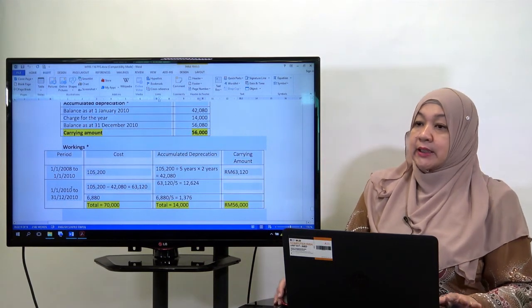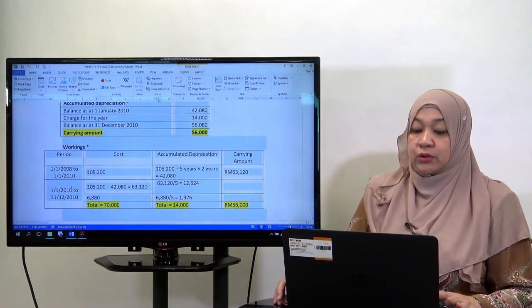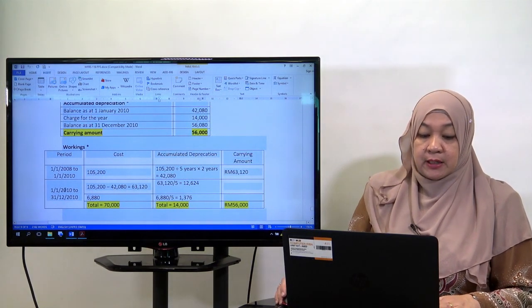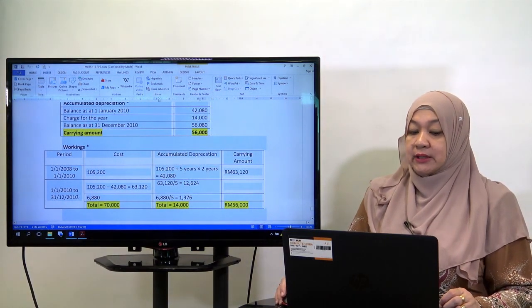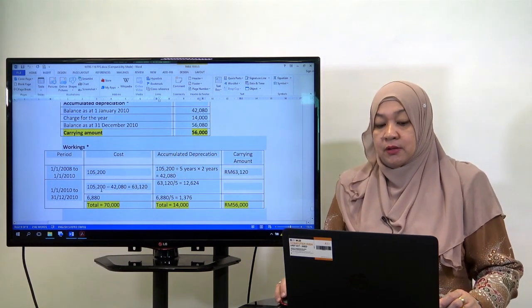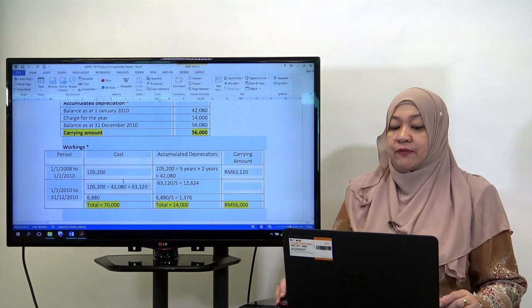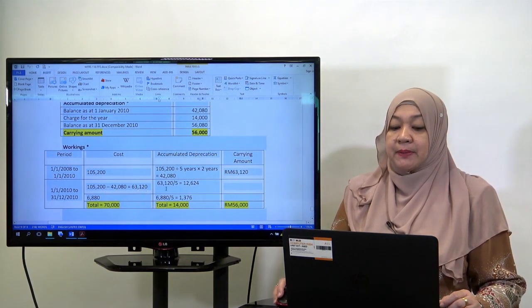Now to determine the depreciation charge for 2010, that is from the period 1st January 2010 up to 31st December 2010. So 105,200 minus the total depreciation that you have already charged is 63,120 divided by 5 years.